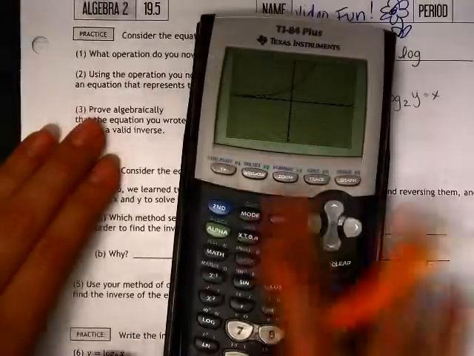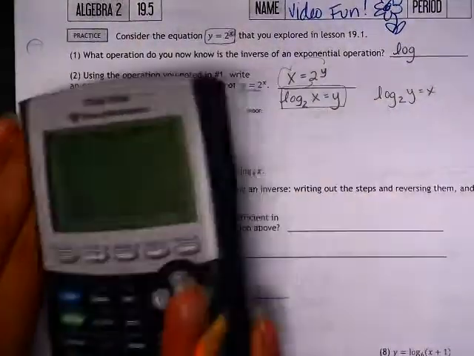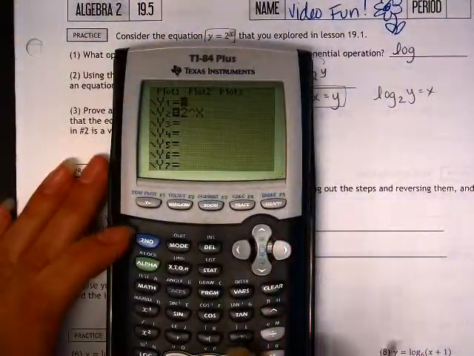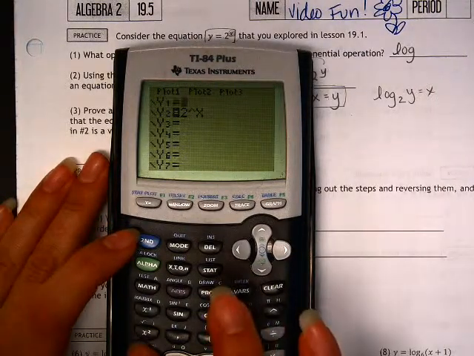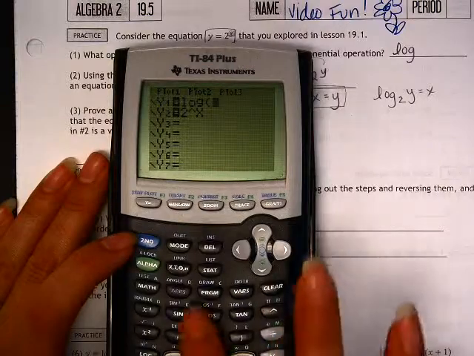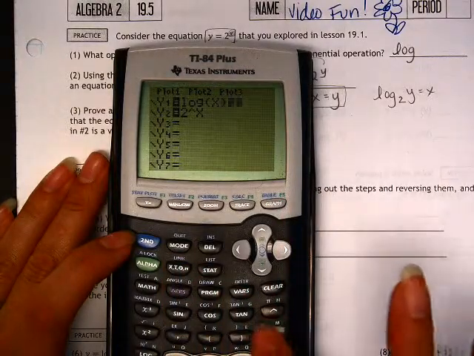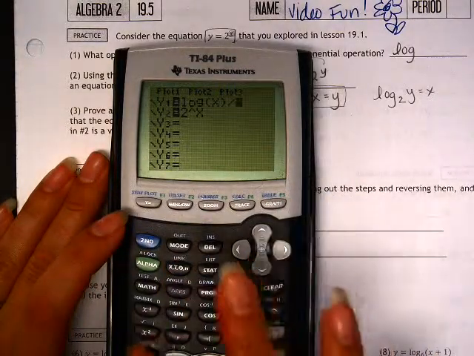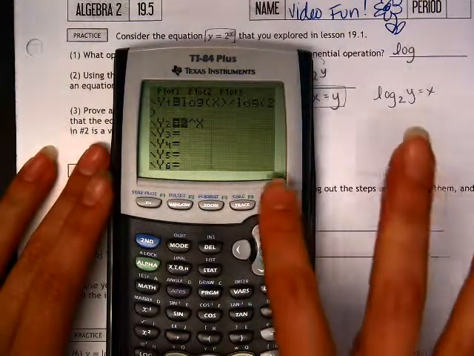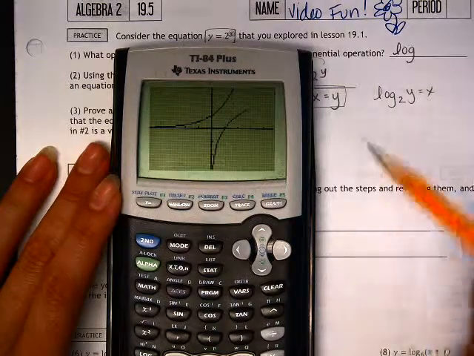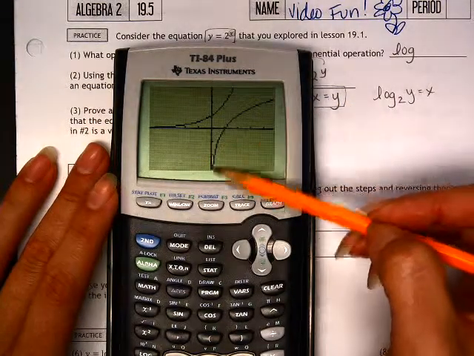So if I graph that, what do we say? Log base 2 of x, which you don't know yet, but I do, I have to actually do the log of x divided by the log of 2. That will enable me to figure out what it looks like. And then when I graph it, as you can see, I get this inverse graph here.